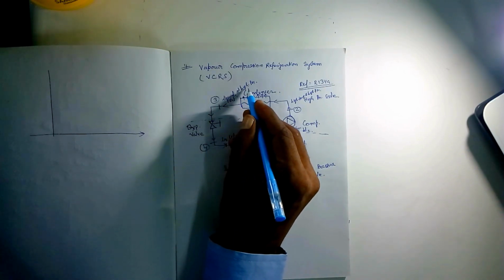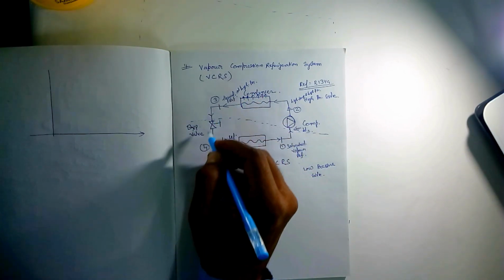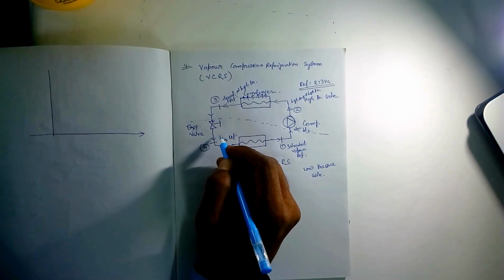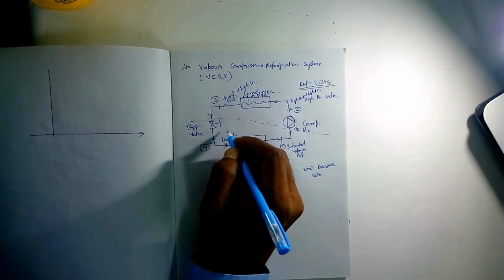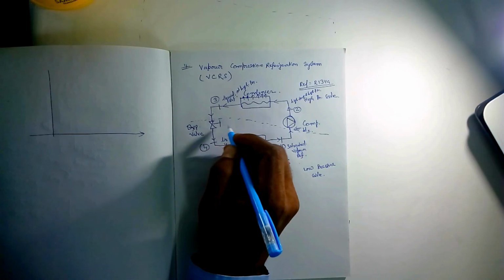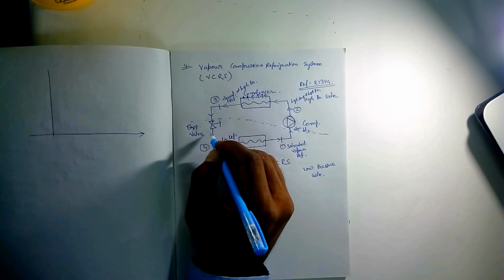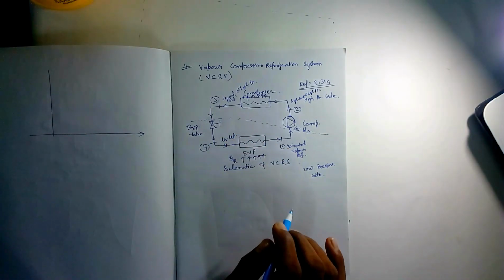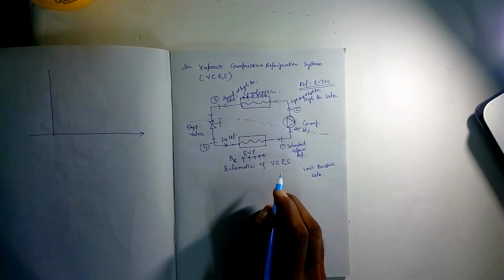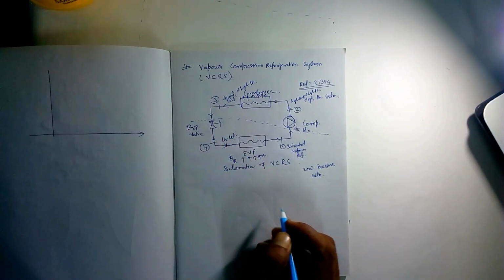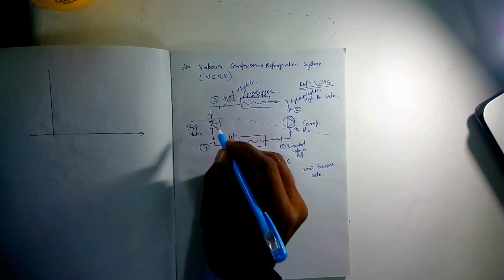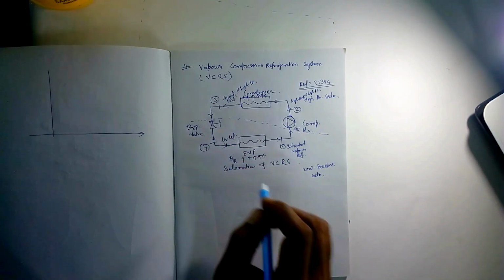When the liquid refrigerant passes through the expansion valve, a throttling process occurs. Throttling is a highly irreversible process, so we can't draw it as a continuous line in the property diagram. We will draw it in a dotted manner.